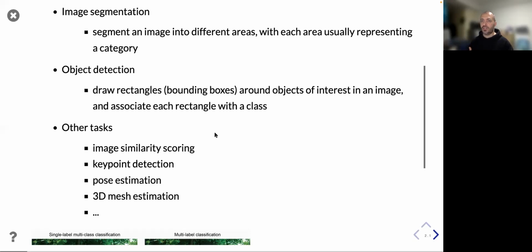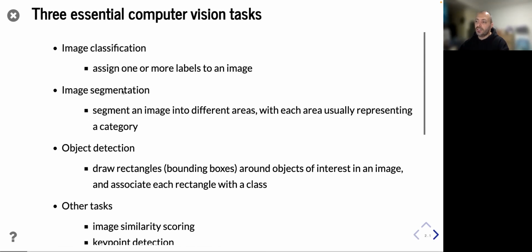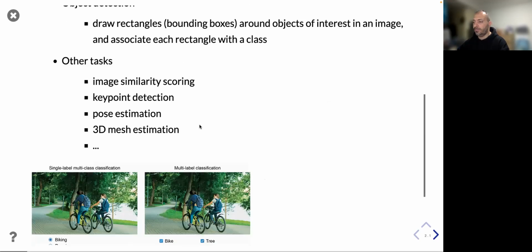Usually we have some key points like the nose, the ears, the eyes, or the lips, or for pose estimation. Pose estimation is a specific category. So we try to estimate what is the pose in 2D or 3D of a person. So there are many subcategories, but the three main categories for computer vision would be classification, segmentation, and detection.